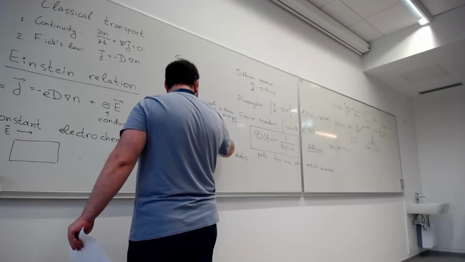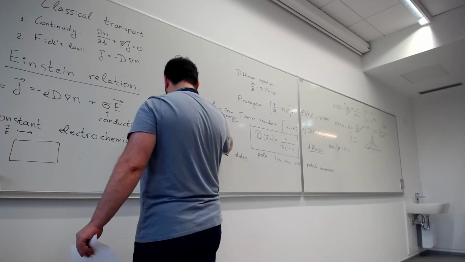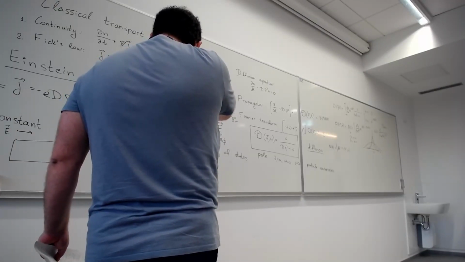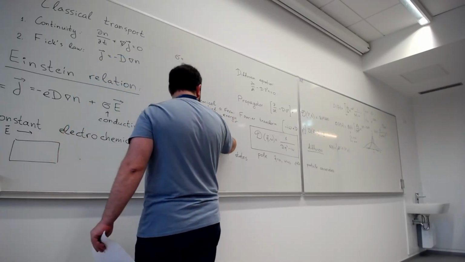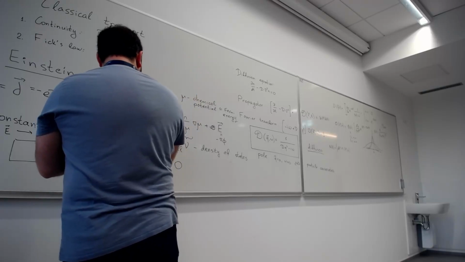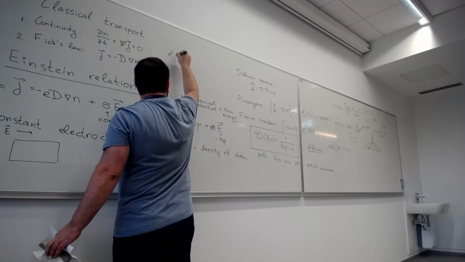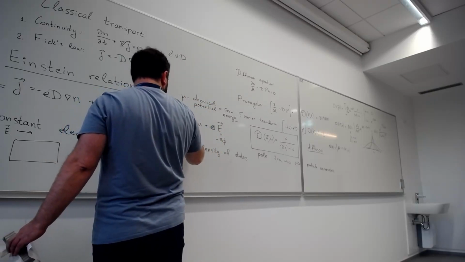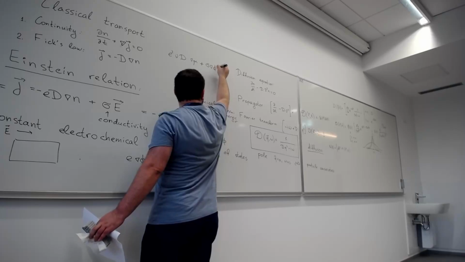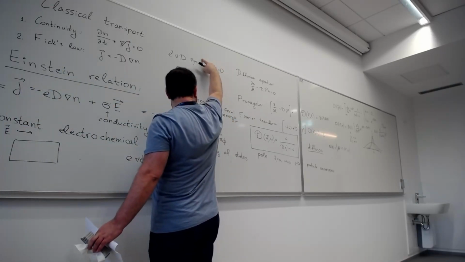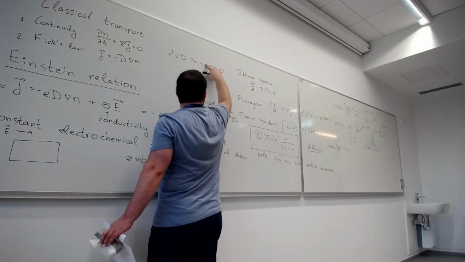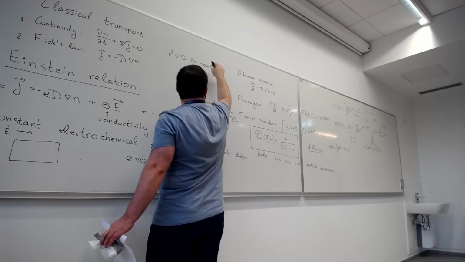I take this relation here, and it's gradient phi times E. I will rewrite this equation, multiplying it by the electron charge: E squared nu d gradient mu, plus sigma times E times gradient phi equals 0.